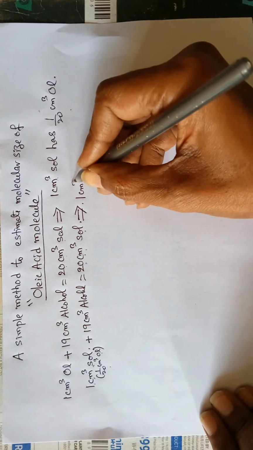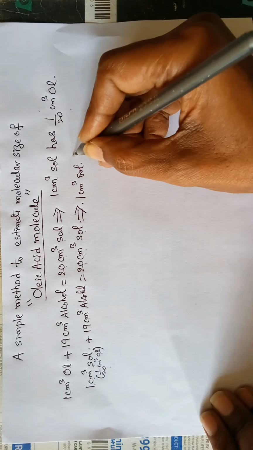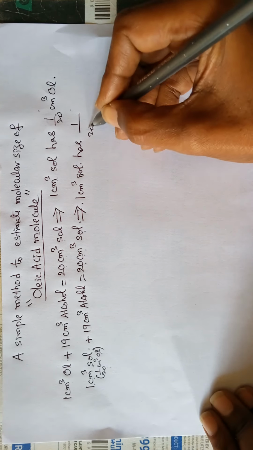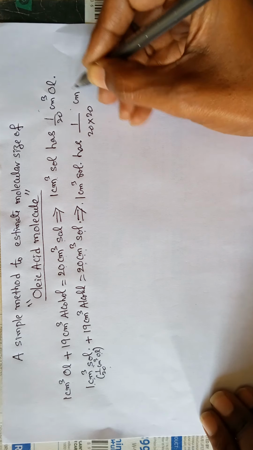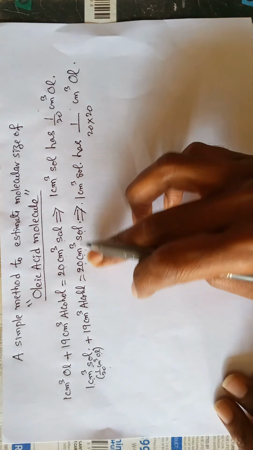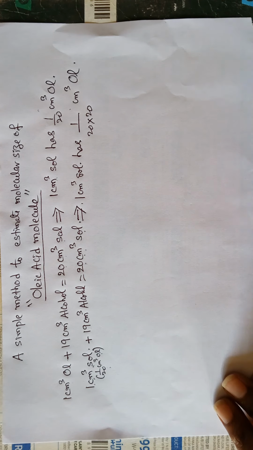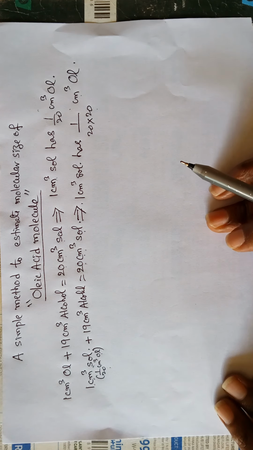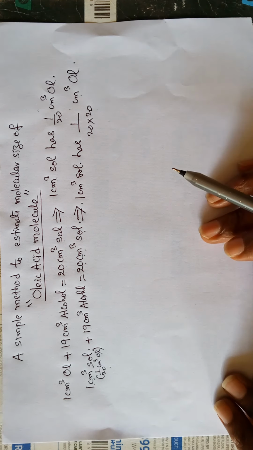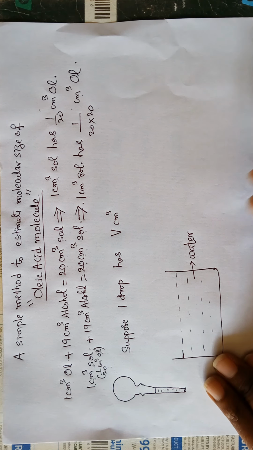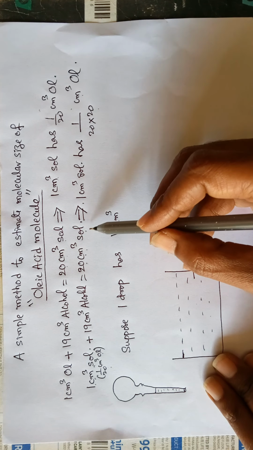So this time 1 cm cube of solution will contain 1 by 20 into 20 cm cube of oleic acid. Okay, you take this solution. Now see, 20 cm cube of solution is there, no?